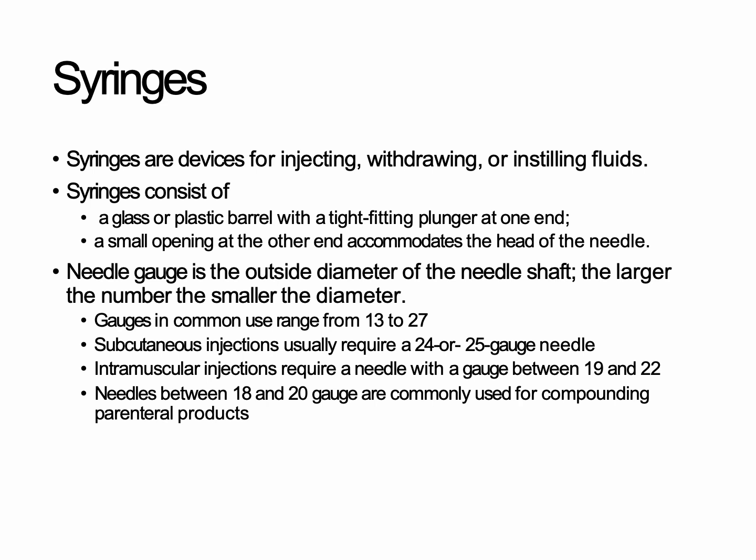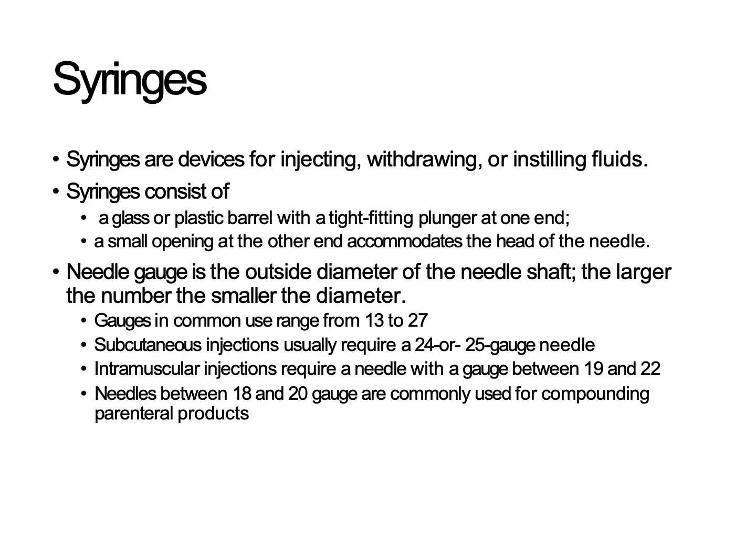Now, needle gauge refers to the outside diameter of the needle shaft. A larger gauge number means a smaller diameter. So we have common gauges that range from 13 to 27. So again, I repeat, a larger gauge number means a smaller diameter.